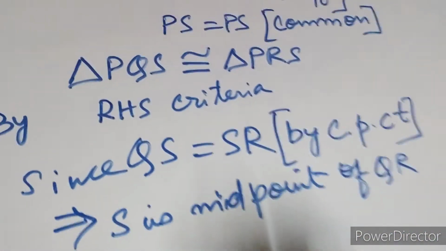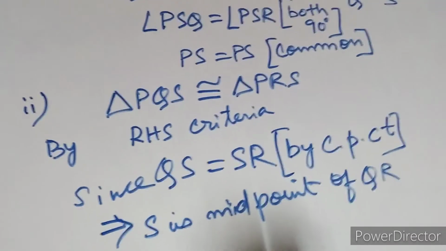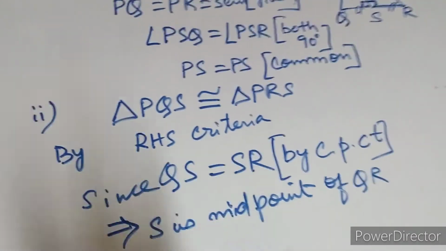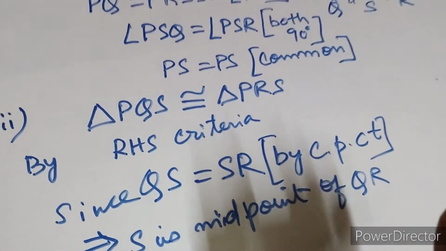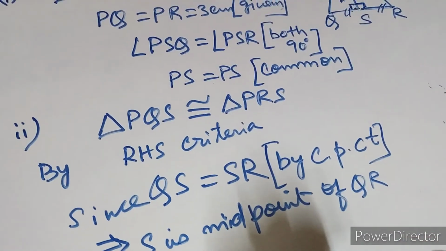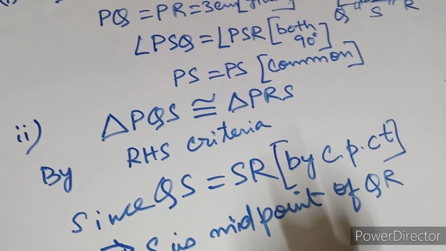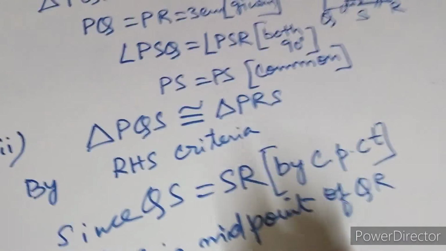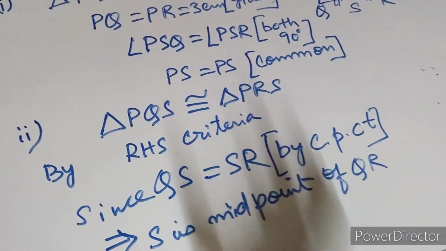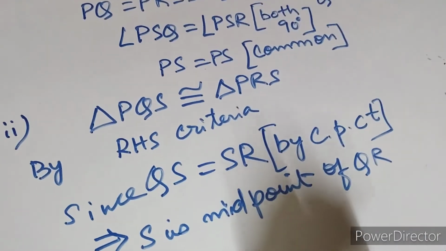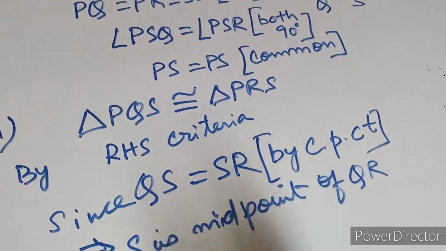So I hope you liked the video, you understood the chapter, and got a good concept about Congruency of Triangles, which is also there in class 8 or class 9. Similarity you have in class 10, which will be almost similar but a different thing. Similar triangles and congruent triangles are different things.